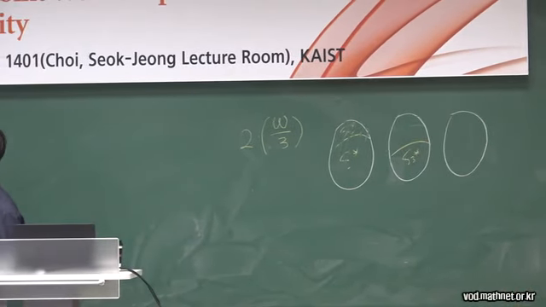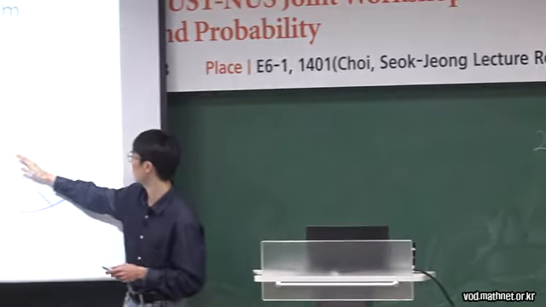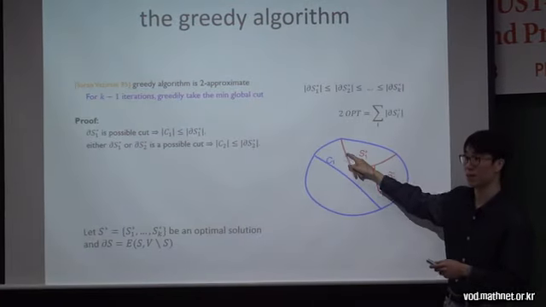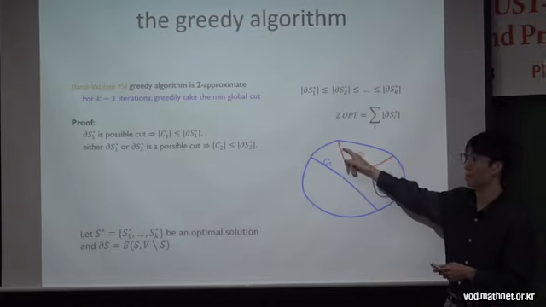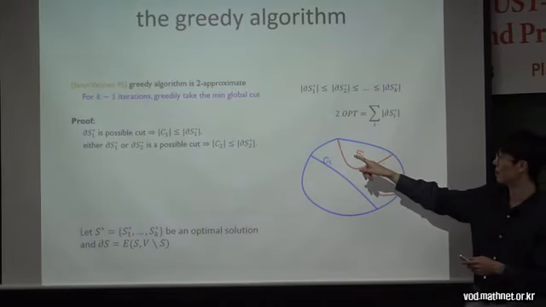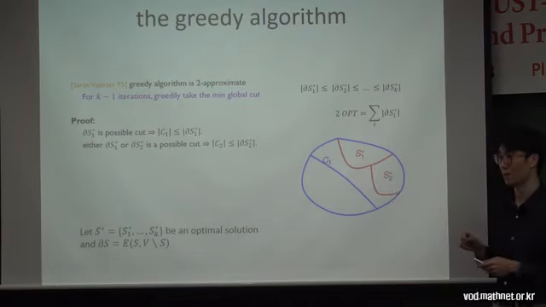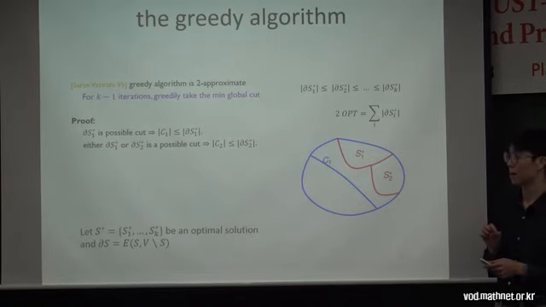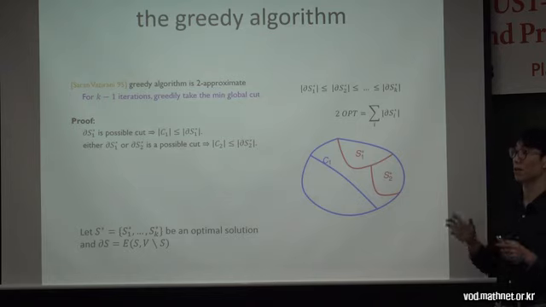If C1 and S1 star don't cross at all, then we could have taken just S1 star. It was a valid cut. So in that case C2 is at most the boundary of S1 star. So when you say that is a possible cut, that means after cutting C1. Yeah, after cutting C1.